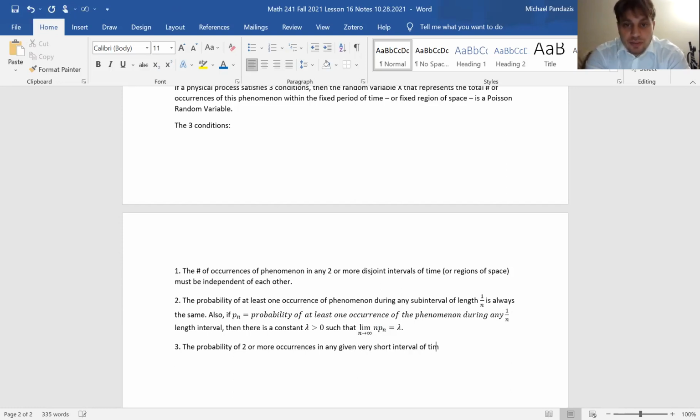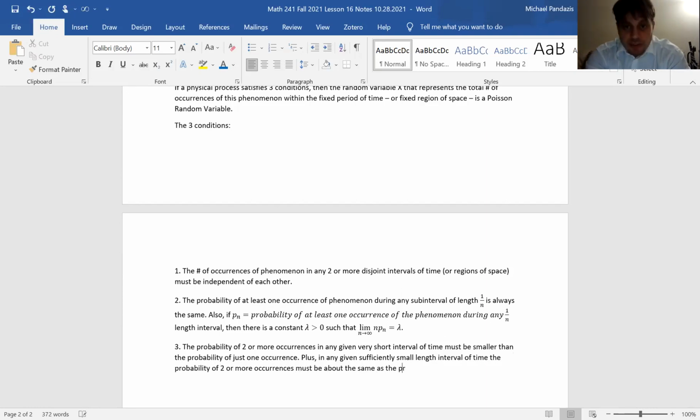short interval of time must be smaller than the probability of just one occurrence, plus in any given sufficiently small length interval of time, the probability of two or more occurrences must be about the same as the probability of one occurrence.